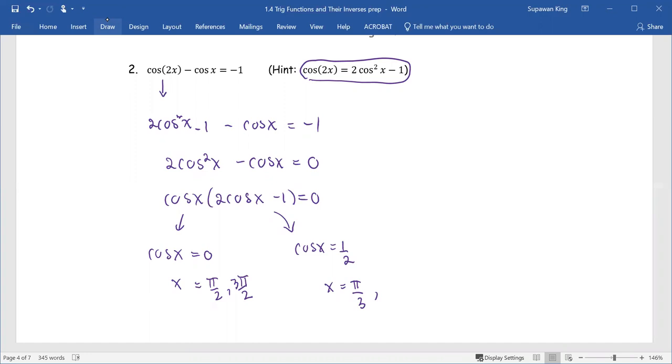Cosine x equals 1/2, which is a positive number. The cosine is positive in quadrant 1 and quadrant 4. Pi over 3 is in quadrant 1 and 5 pi over 3 is in quadrant 4.